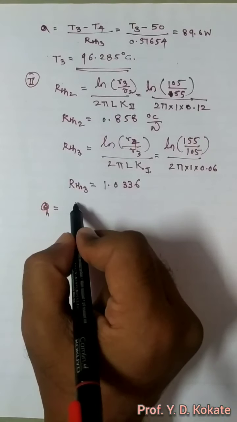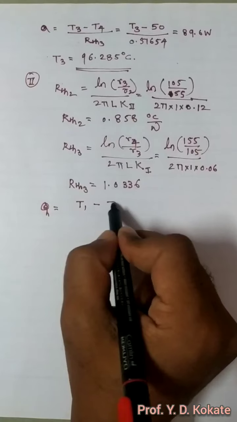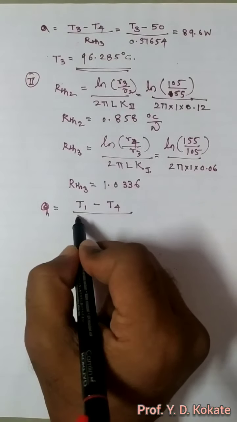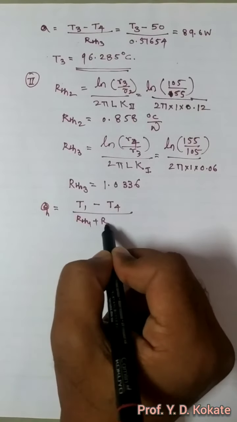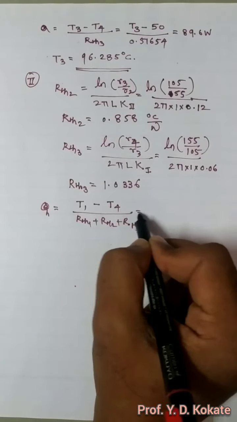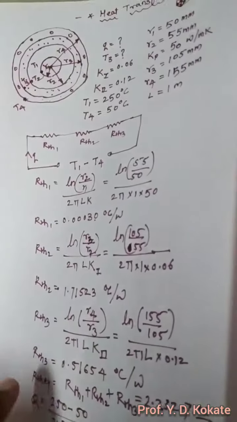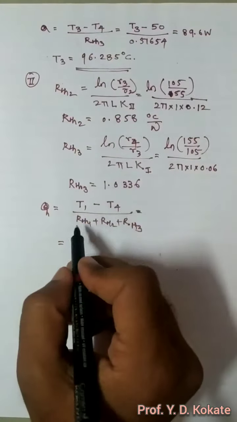Okay, so I can easily find Q. Capital Q is equal to T1 minus T4 divided by RTH1 plus RTH2 plus RTH3. So I take it below so that it gets accommodated.